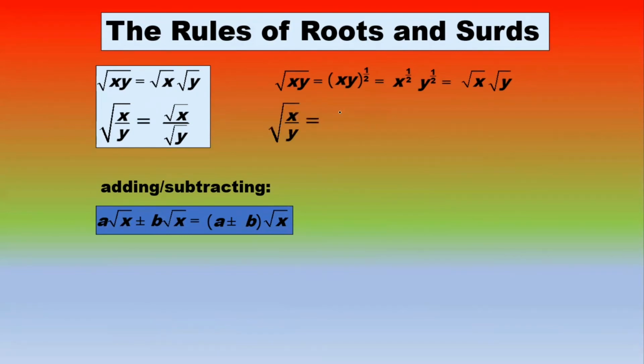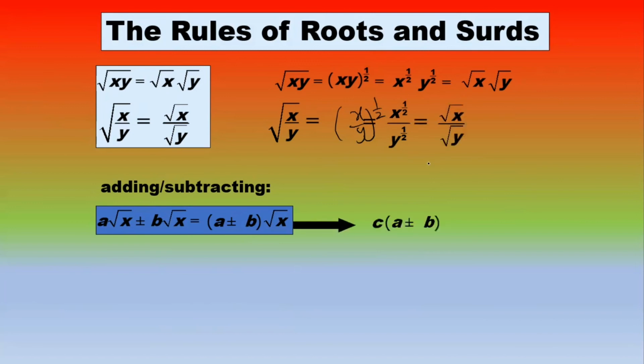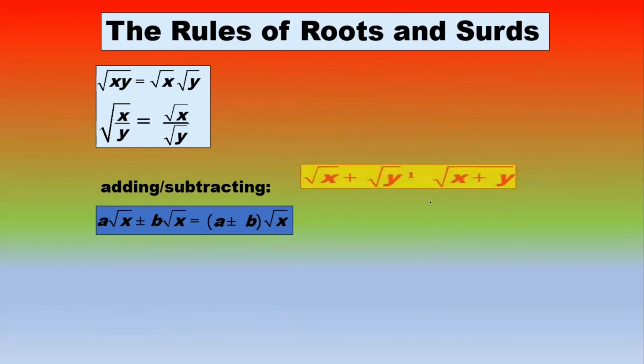Root of x upon y is x upon y raised to half, which is equal to x raised to half upon y raised to half, which is root x upon root y. Now, c in bracket a plus or minus b is equal to ca plus or minus cb. Opening the bracket, we multiply c into a is ca, c into b is cb. Then root x plus root y: can you add this as root of x plus y?